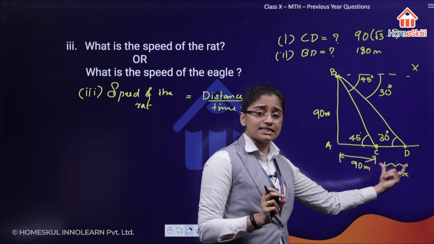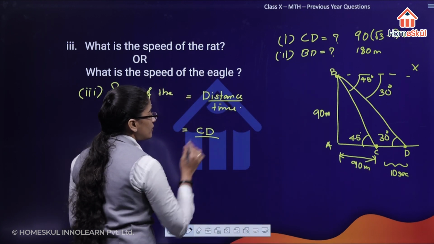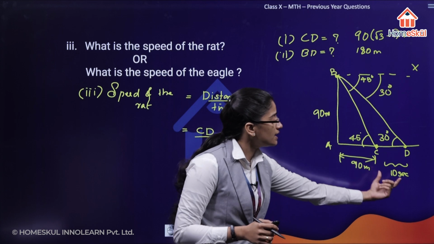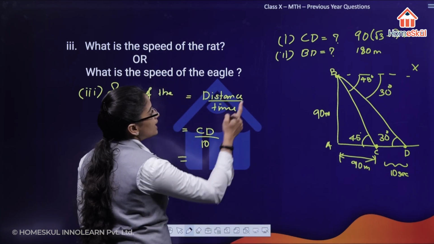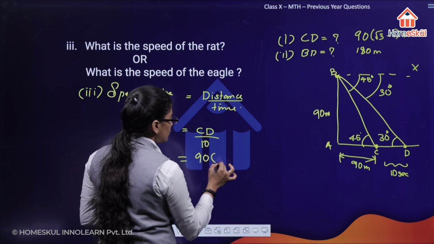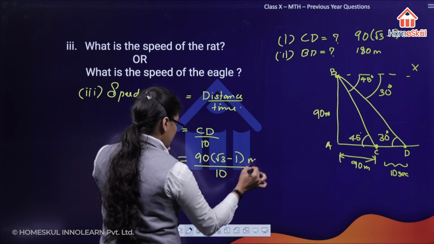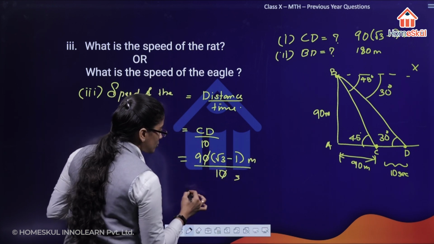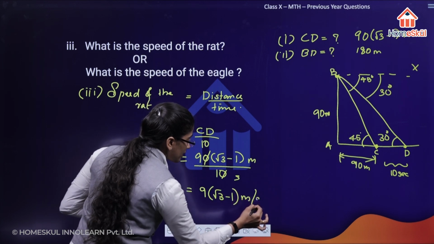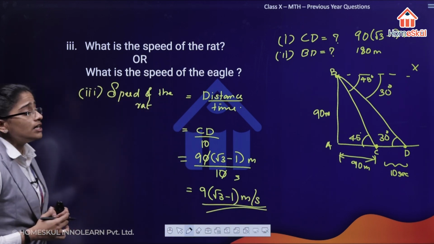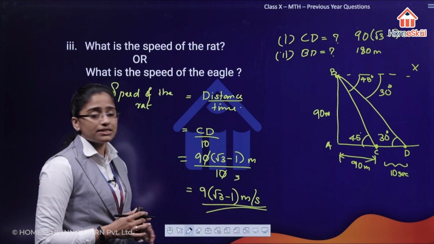So the distance is CD with respect to our figure, and the time taken is 10 seconds, isn't it? CD is 90 root 3 minus 1 meter divided by 10 seconds, which will be 9 root 3 minus 1. Unit is very important. It is meter per second. So the speed of the rat is 9 root 3 minus 1 meter per second.